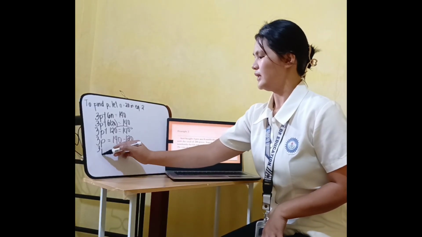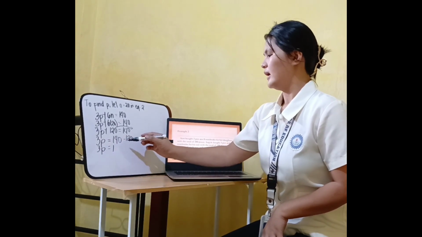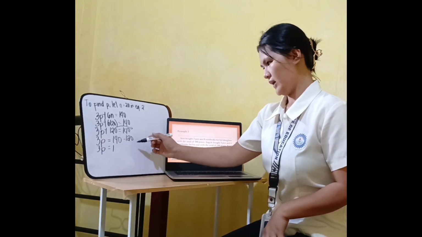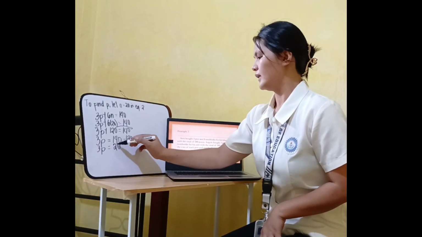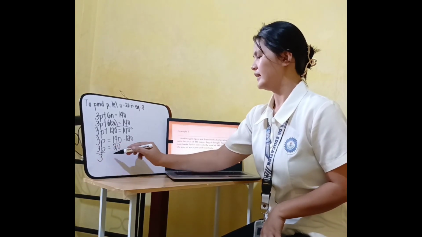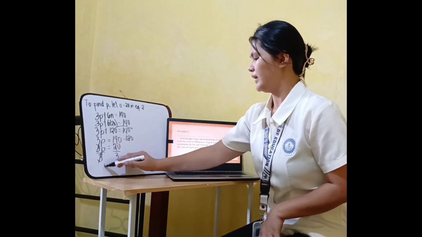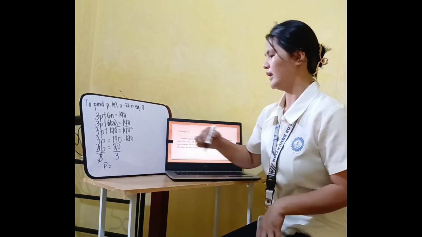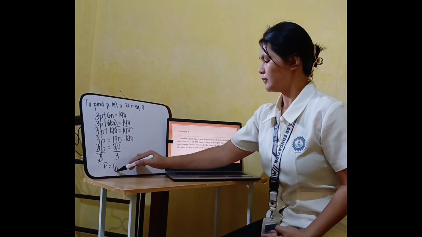So 3P is equal to 140 minus 120 is equal to 20. Divide both sides sa 3 para ma-cancel out natin si 3. And P is equal to 20 divided by 3 is equal to 6.67.